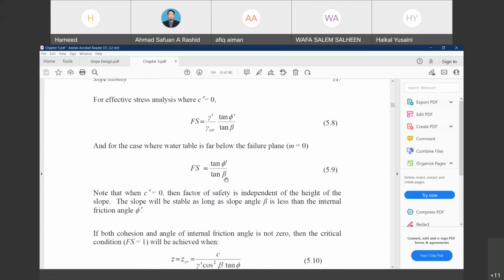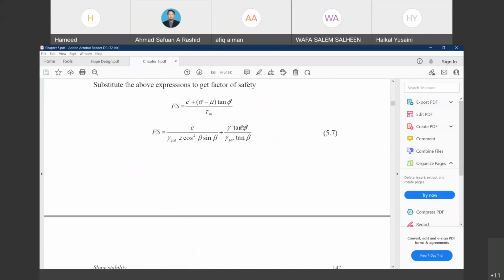Okay. Most probably the gamma effective is actually 20 minus 10. While for the C, we can use C prime, which is equal to 10.